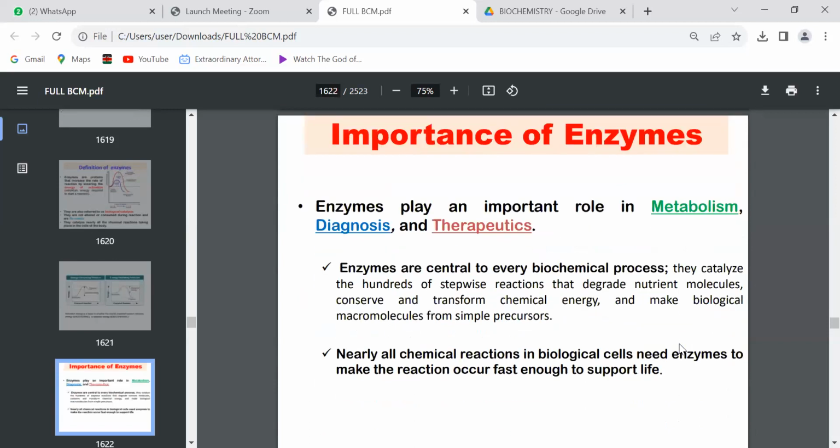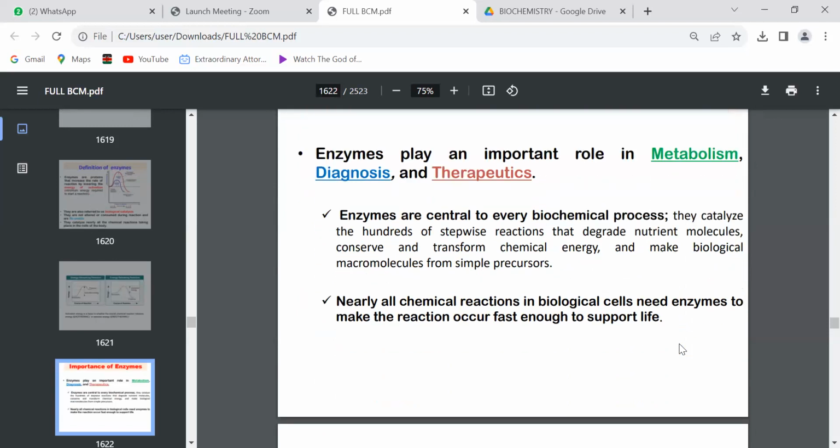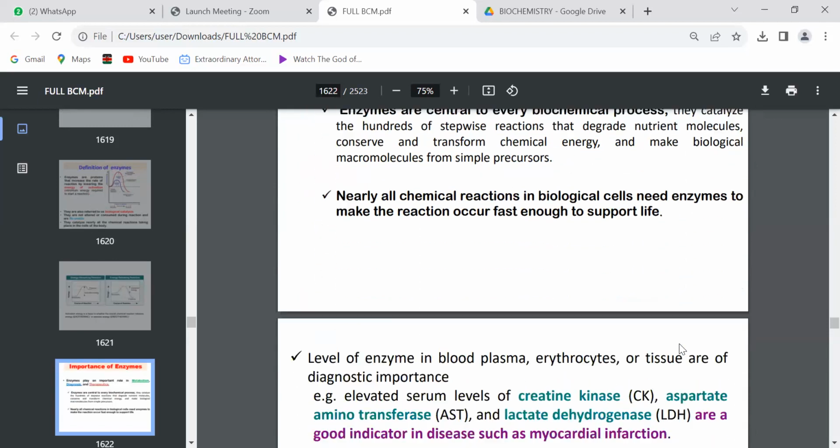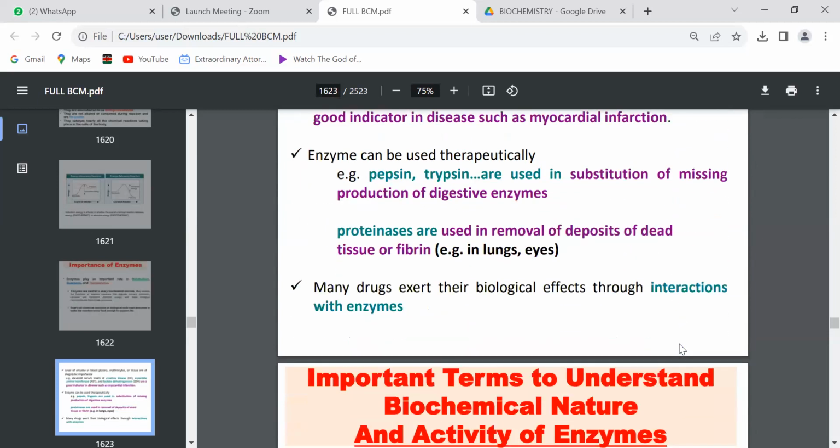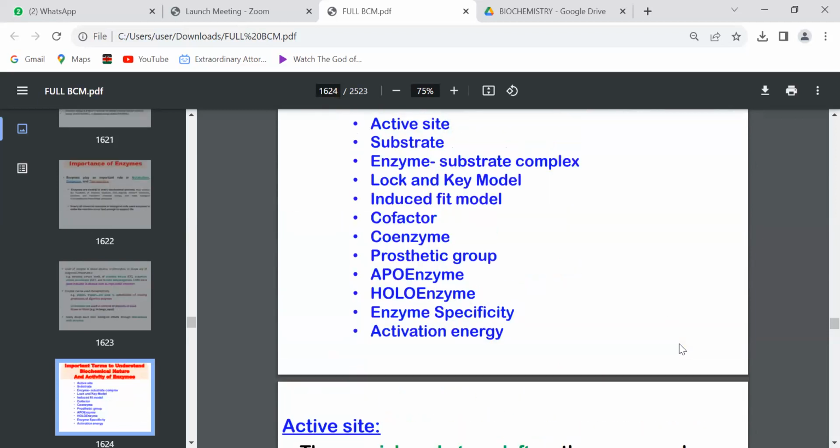And of course, now we'll be able to apply enzymes, whether it's for metabolism, for diagnosis, or even in management of some of the conditions we'll see later on. So that's just basically it.